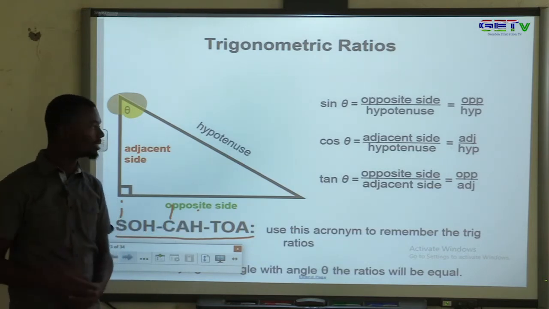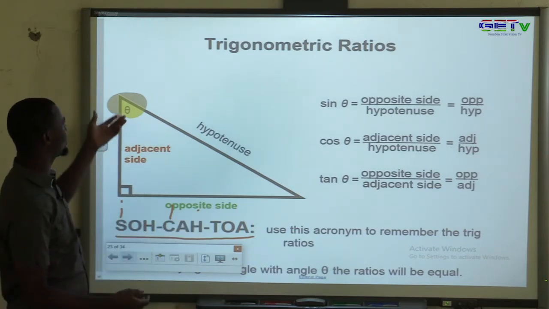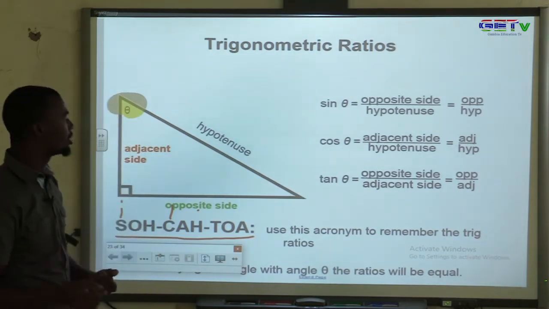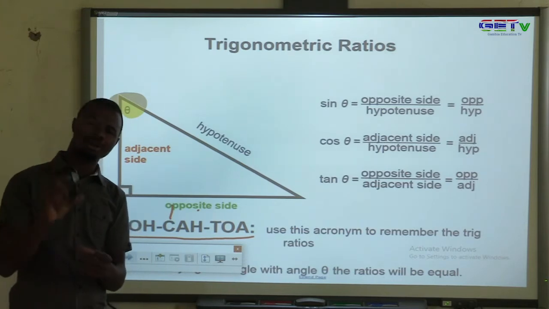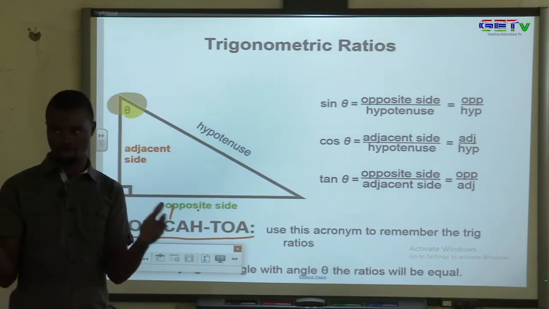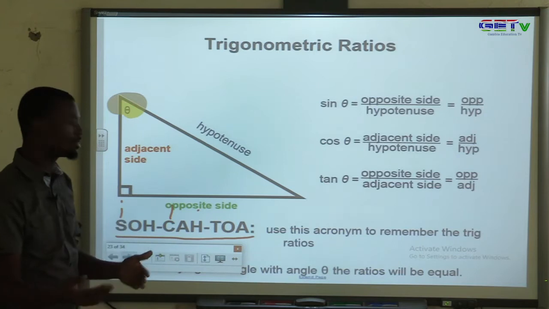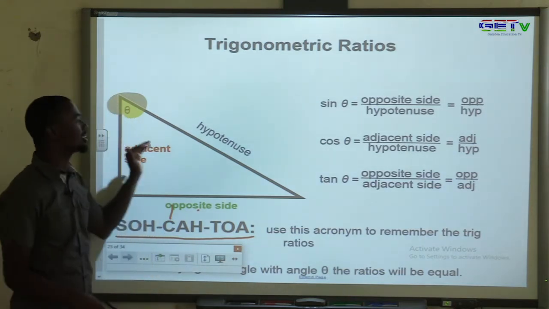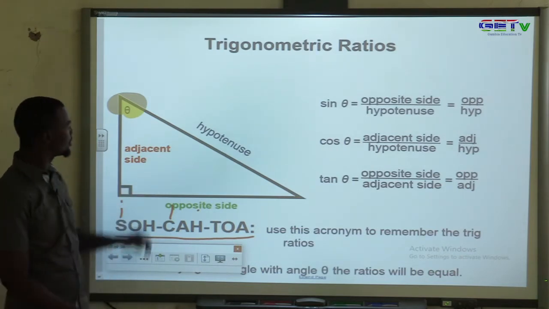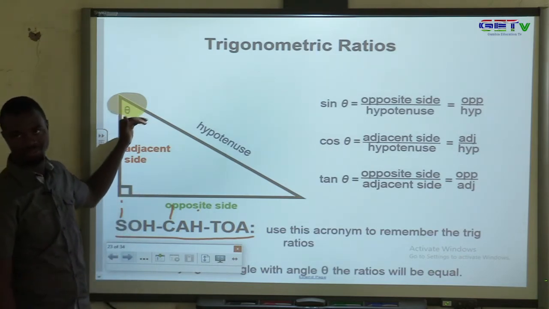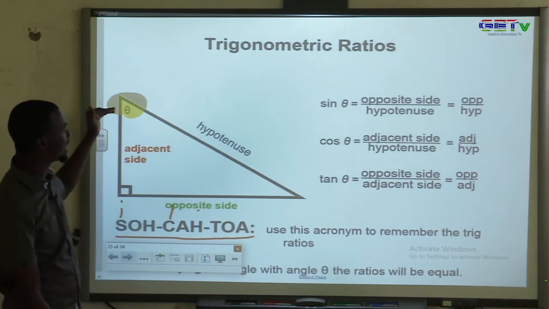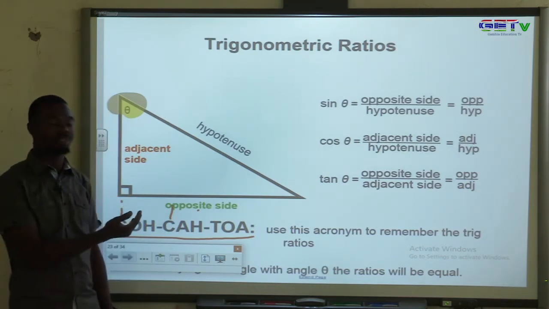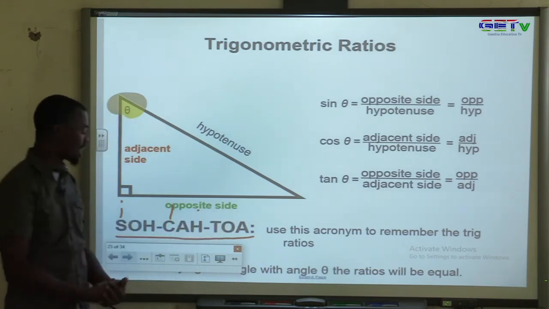Now trig ratios have special ratios. They are linked. You have the angle of concentration, that is very important, and also the hypotenuse. Your angle of concentration tells you the other two sides, which side is the opposite and which one is the adjacent. Now in this right angle triangle, after drawing it, we have theta on top.